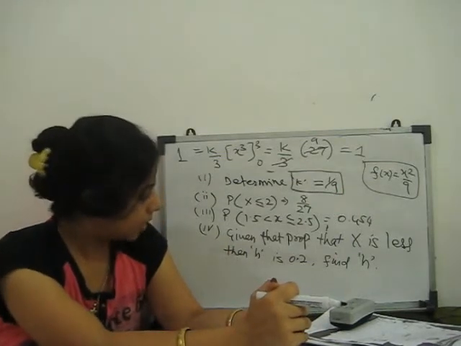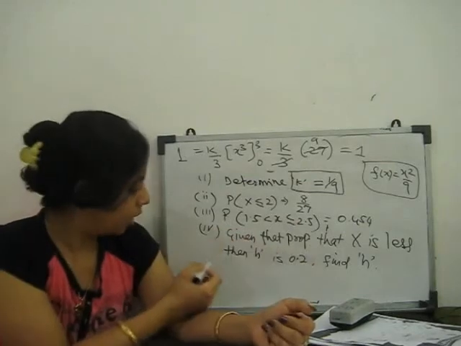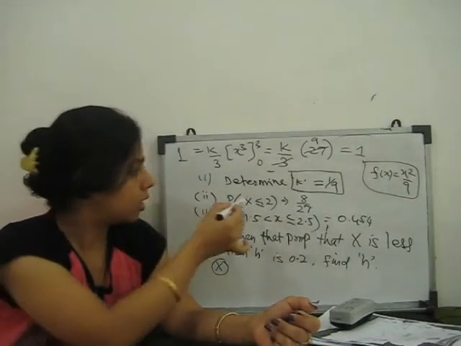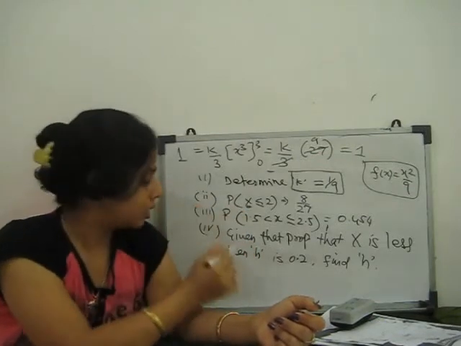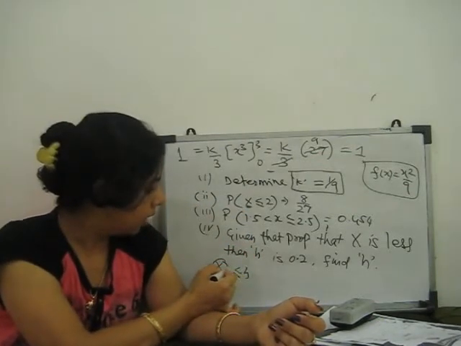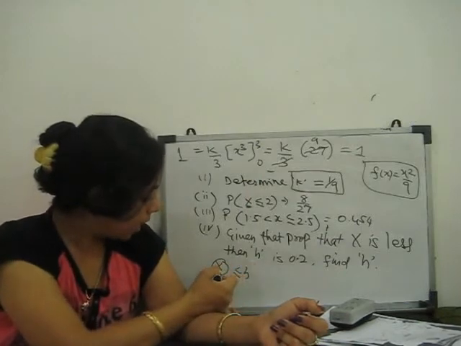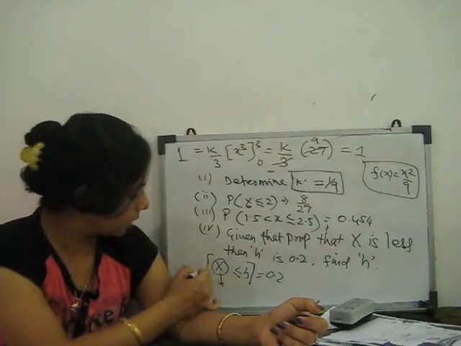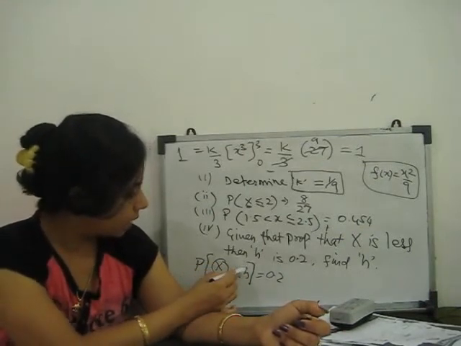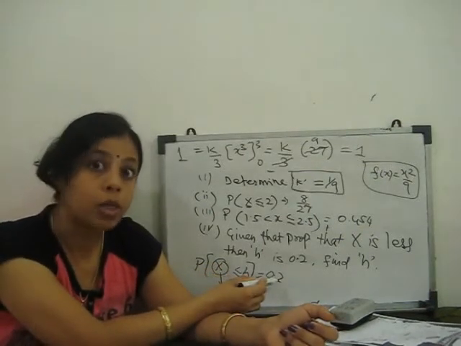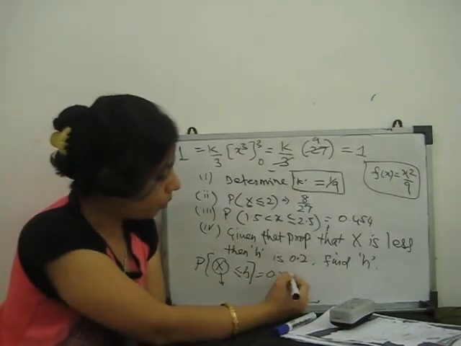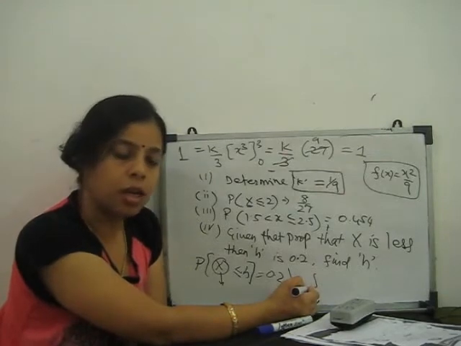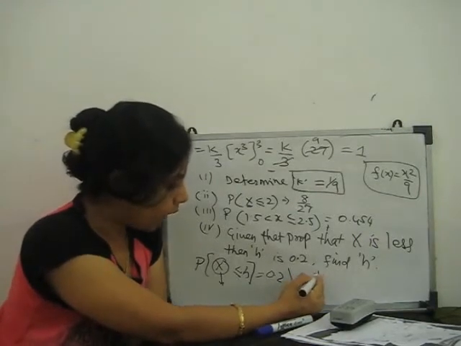Now the last question: given that the probability that x is less than h is 0.2. So how do we find it? We integrate our probability density function from 0 to h.